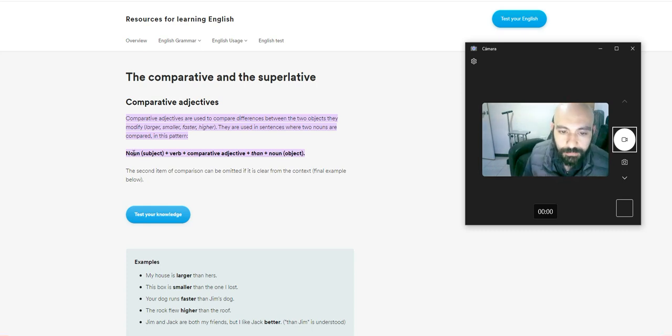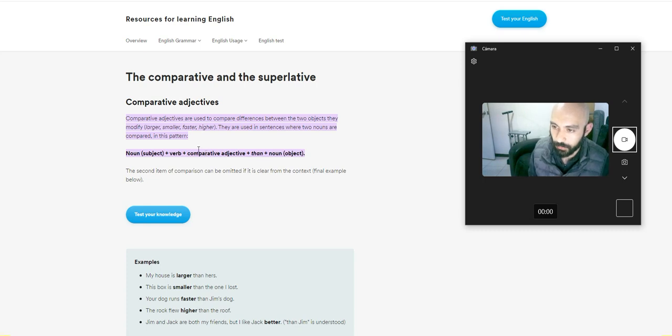So the way we construct this is with a noun or a person or something we're going to talk about, and then the verb, which in this case is going to be the verb be, right? Because you're saying this is blah blah blah, right? So you're using the verb be to help you compare. Remember that a comparative adjective is not enough.